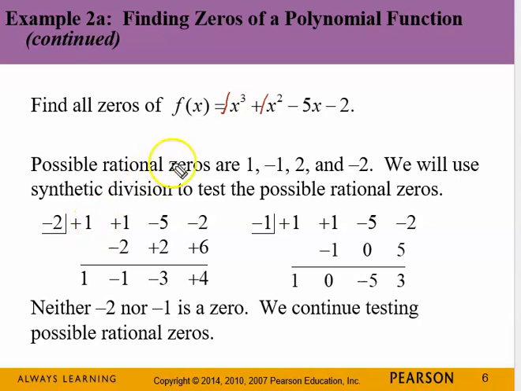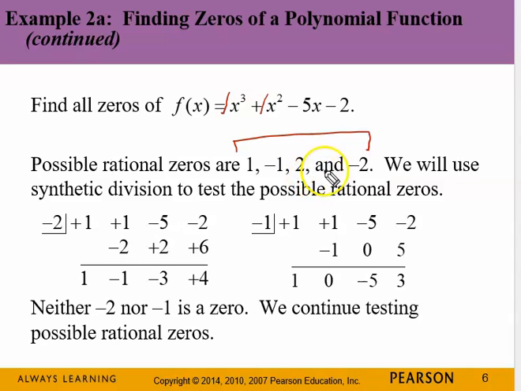So there's a 1, there's a 1, there's a -5, and there's a -2. And we're going to test these values to see if there is a zero remainder.